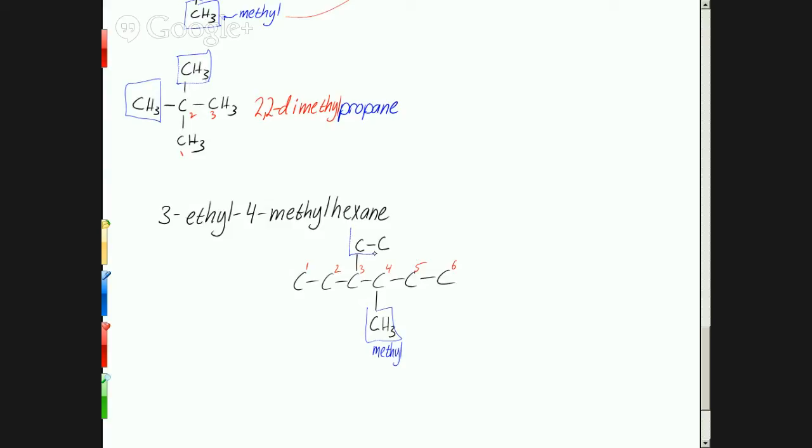So this is an ethyl substituent. Of course, it has hydrogens also. We just haven't put them in yet. And if the chains are long enough, you can have propyl substituents, butyl, pentyl, hexyl, whatever. You have that many carbons coming off of another chain that's named accordingly.